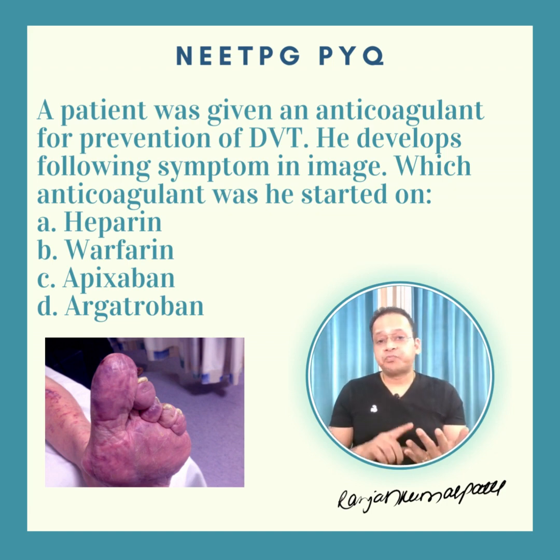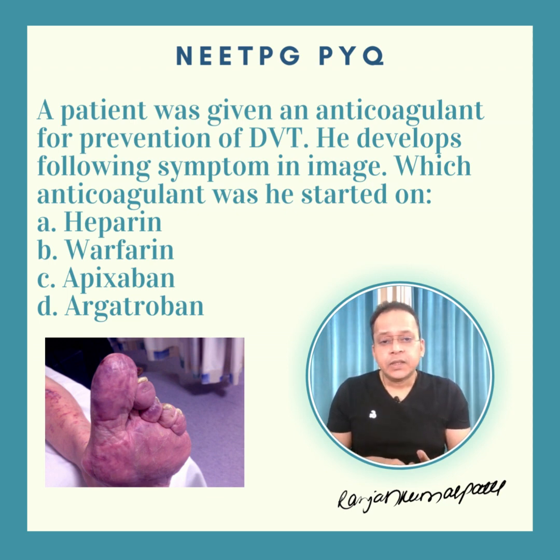PYQ number 5: what is the anticoagulant of choice to prevent thrombosis if the patient has a mechanical valve? Now remember, if the patient has a mechanical valve, then I'll use a drug. Reverse M, and what do I get? W. If mechanical valve, I'll use warfarin. And if there is a native valve, then I'll use a DOAC like apixaban and dabigatran.